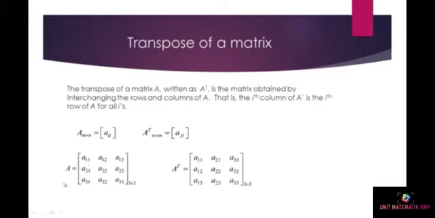Let matrix A equal A11, A12, A13, A21, A22, A23, A31, A32, A33. So for A transpose, row number 1 becomes column number 1. Row number 2 becomes column number 2. And row number 3 becomes column number 3.